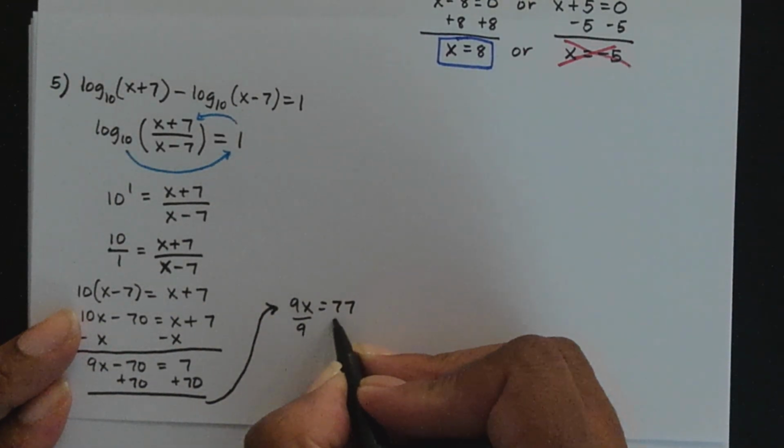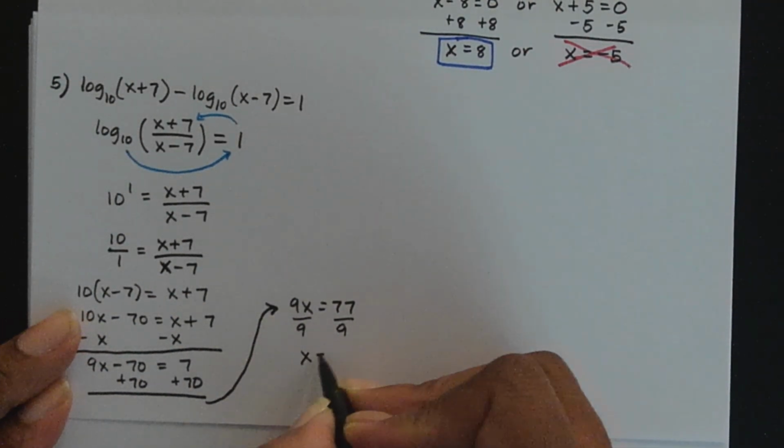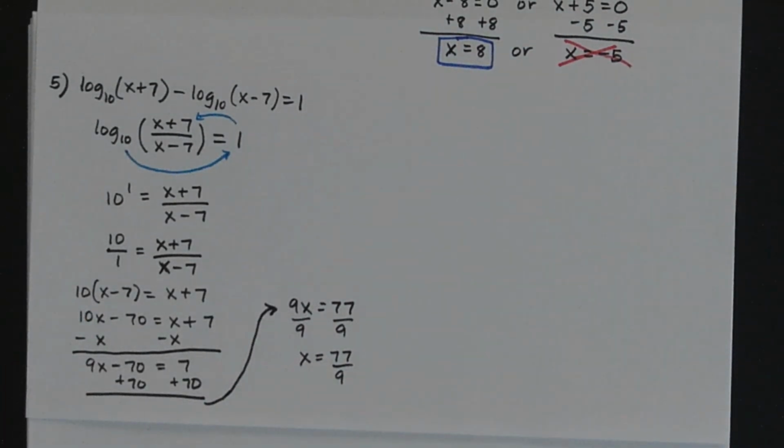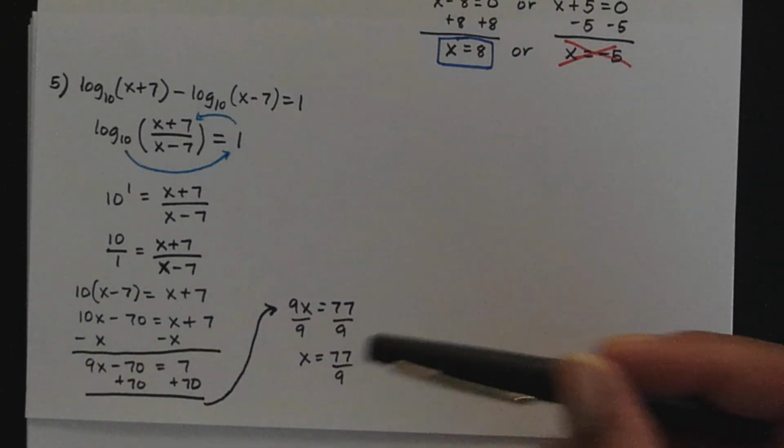And then finally divide both sides by 9. And I'll leave that as 77 over 9. I don't believe I can reduce that in its simplest form. Okay.